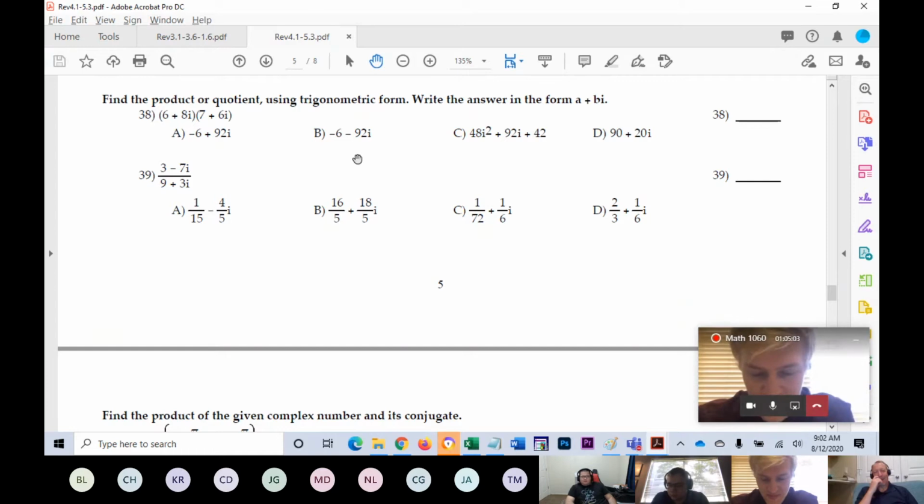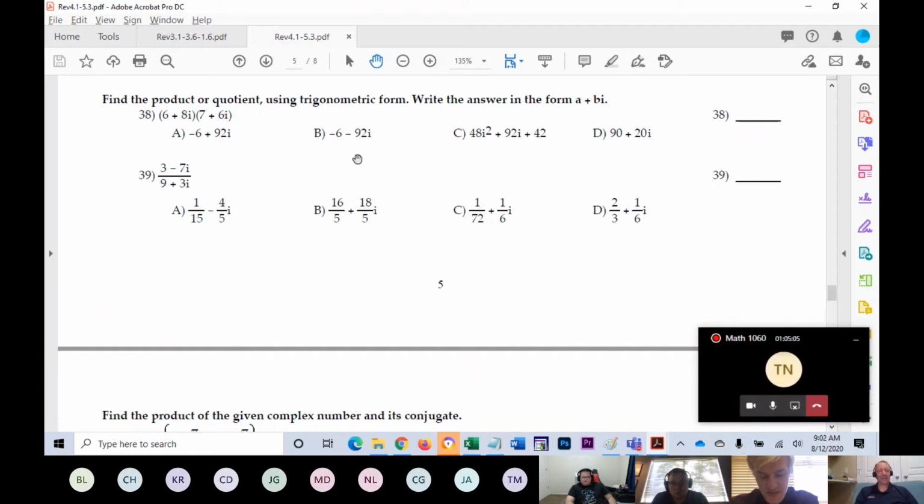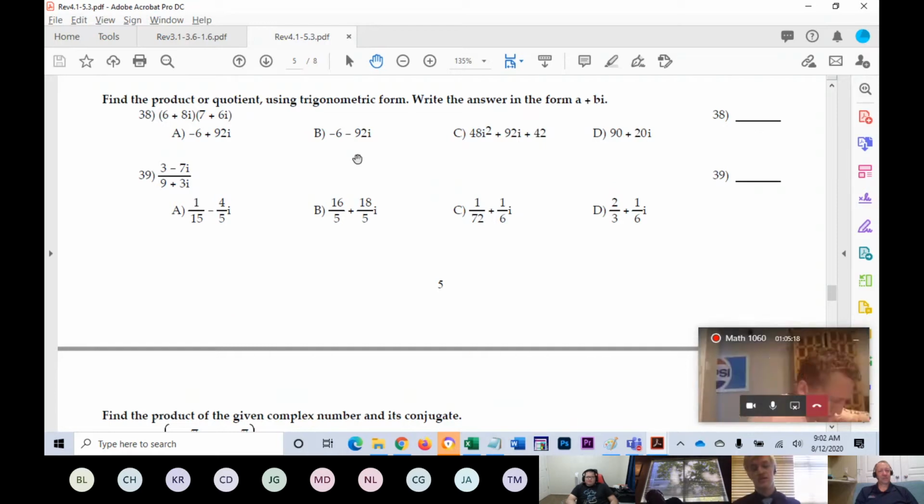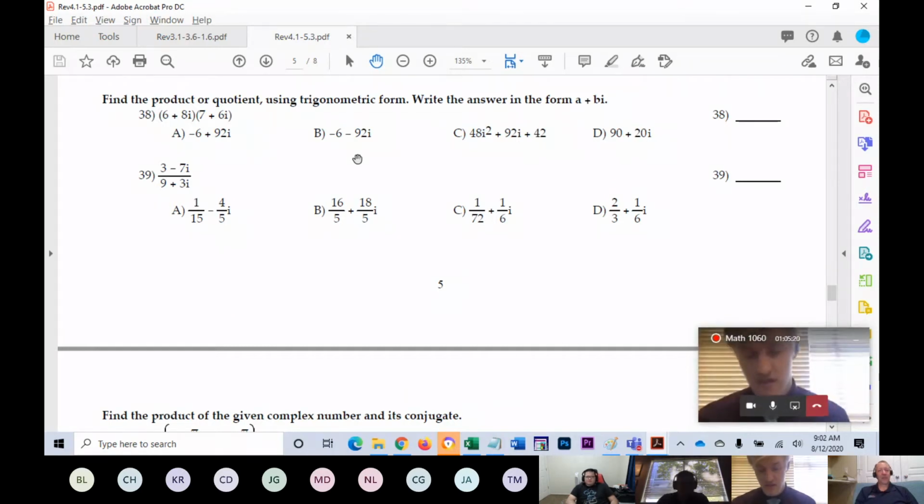Sounds good. What about the following problem, number 39? Number 39 would also be dumb to change to trigonometric form. It would be much easier just to leave it as is. Seriously, changing this to trigonometric form is much harder.